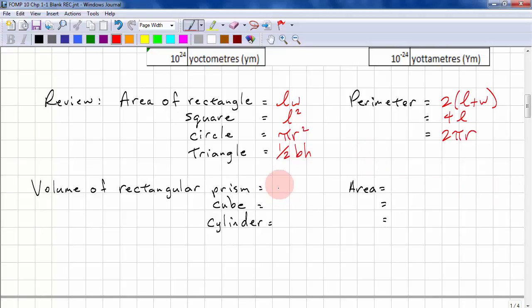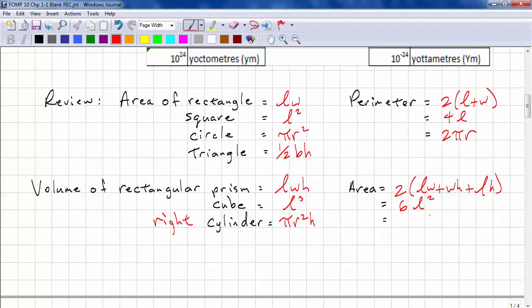For volume, the volume of a prism is length times width times height. The volume of a cube is length cubed. Volume of a right cylinder is pi r squared h. So this is a right cylinder. The surface area of a prism is 2 times length times width plus width times height plus length times height. For the surface area of a cube, we have 6 times length squared.